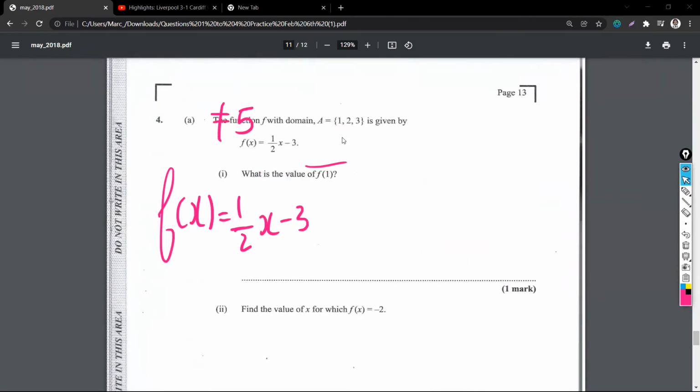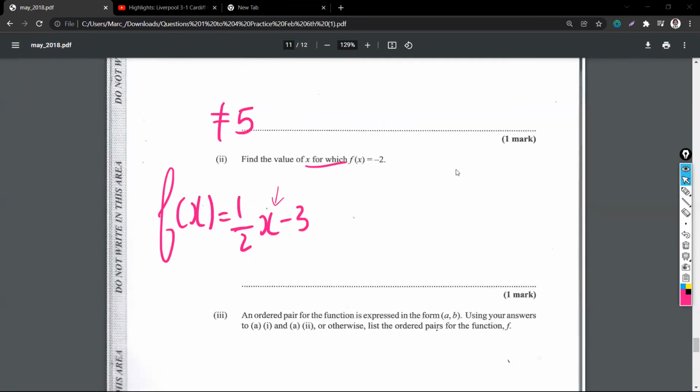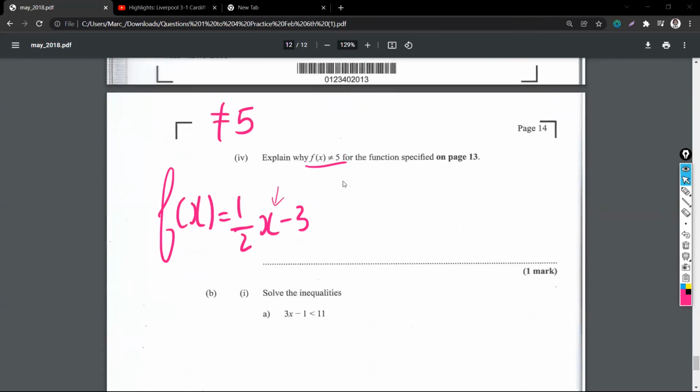The only things you can put in it is 1, 2, and 3. So there's no number you can put in this and you're gonna end up with 5. You can try all of them, guys. Try any number and put in here and see if you're gonna get a 5. You're never gonna get a 5. Make sense?